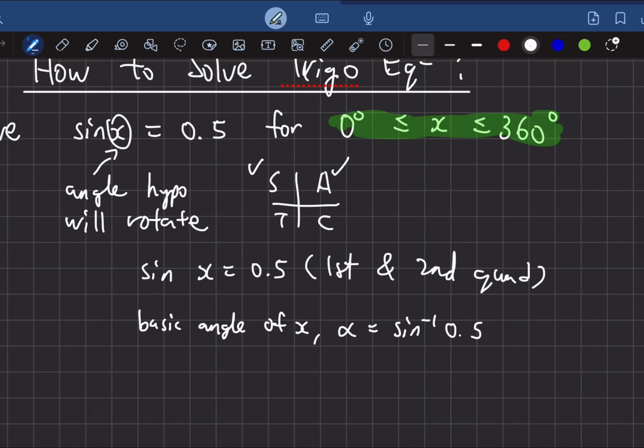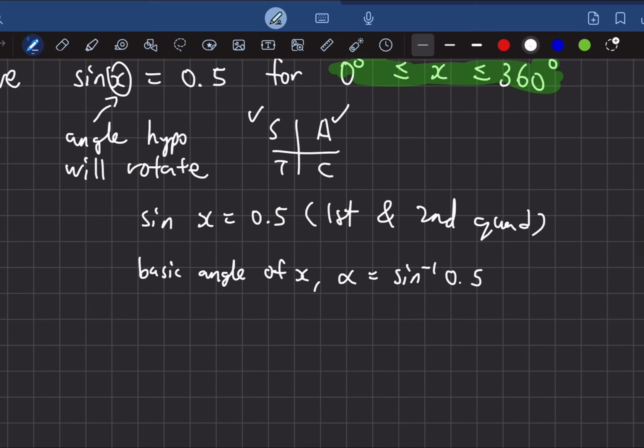Why? Because most of the time it will be an answer that's not exact. Then from here, since we know it's first and second quadrant, my x equals to alpha. Why? Let's take a look at here. So first quadrant is here, 0 degree. This will be our alpha, our x, and it happens that the x is equal to alpha also. So x equals alpha.